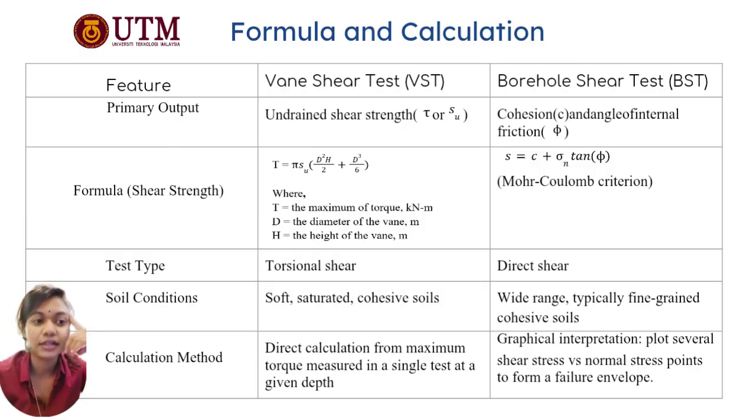The test results are plotted on the graph, and then we draw the failure envelope to determine the final values of cohesion and friction angle. As you can see in the table, I already plotted the differences between the Vane shear test and the Borehole shear test. As a summary, I'm going to explain the difference.